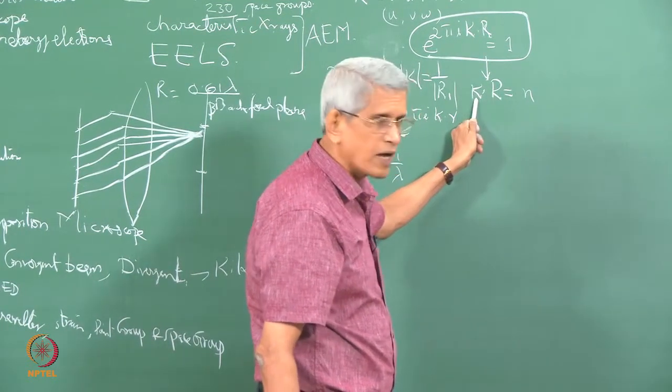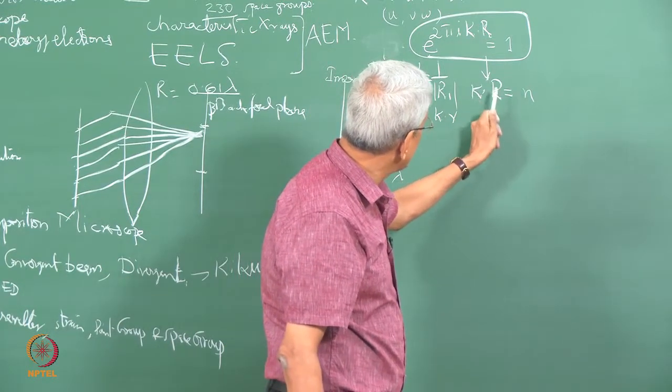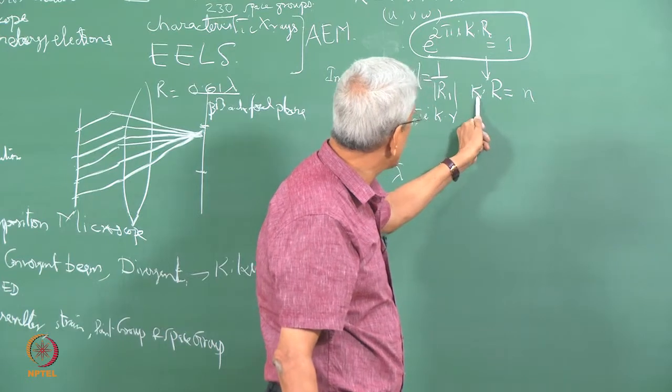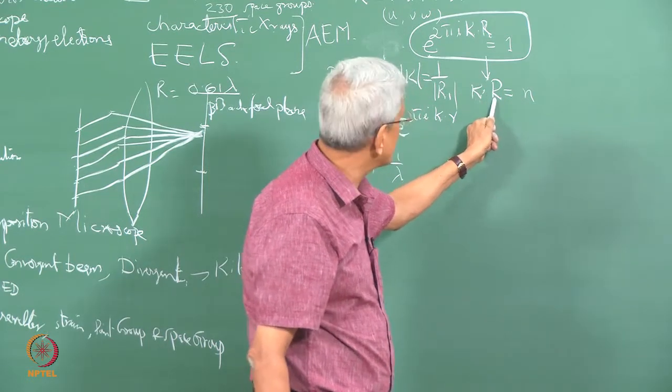So, this space is called the reciprocal space, and this space will exhibit all the symmetry of the real space.